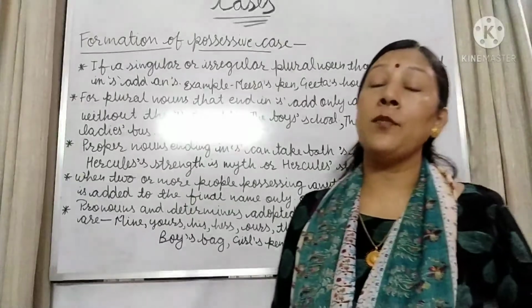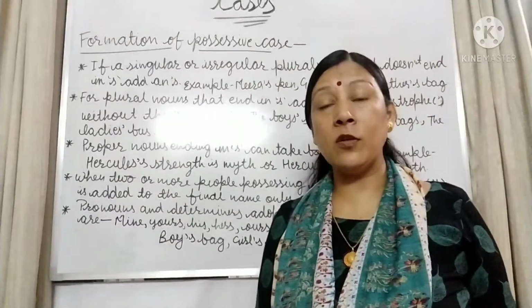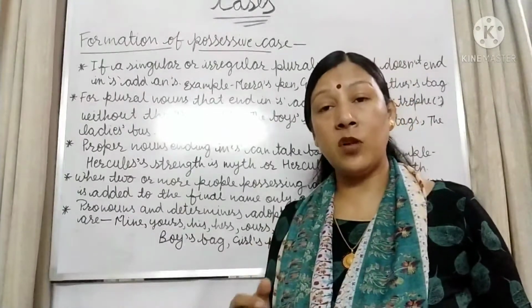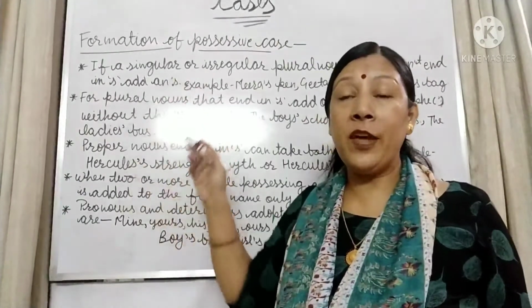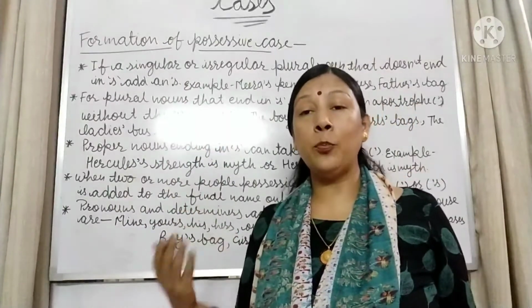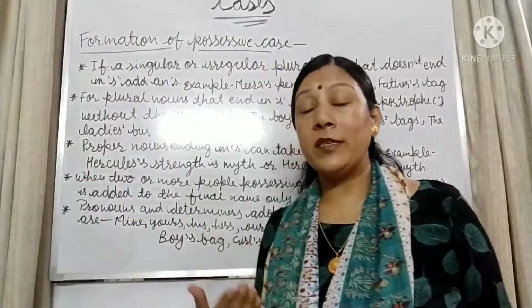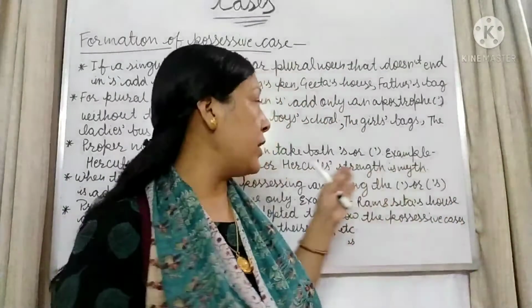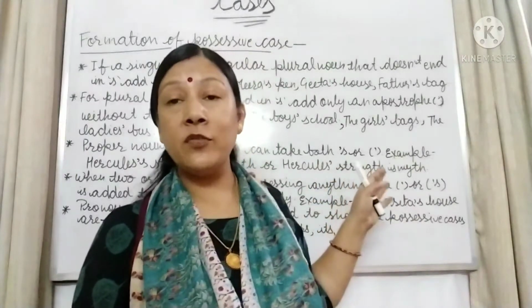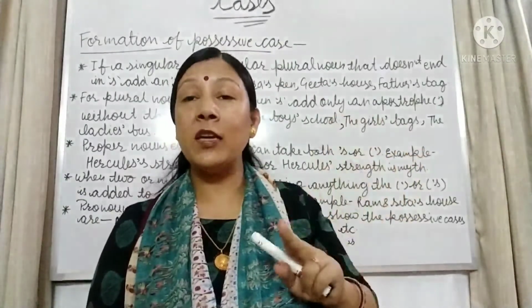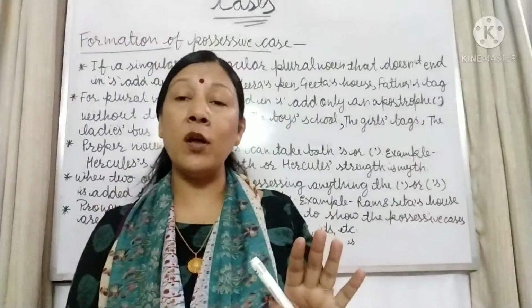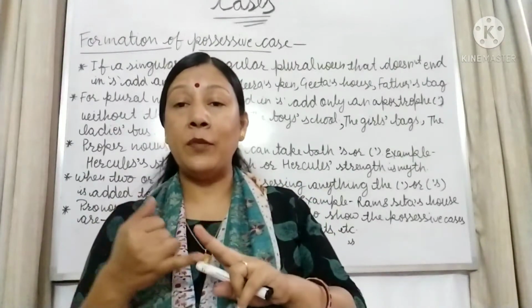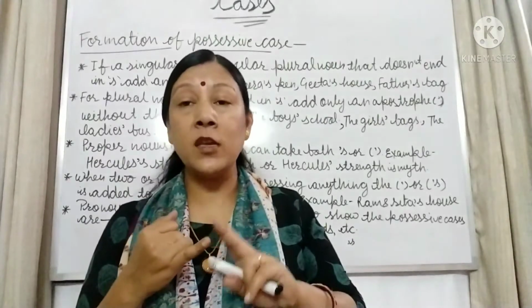If you write apostrophe s, it's okay, and if you write just apostrophe, it is also right. Earlier we saw that to make the possessive of plurals, we just write apostrophe, whereas if a proper noun ends with s, we can write apostrophe s or just apostrophe. In both cases, either apostrophe or apostrophe s, it will be correct.